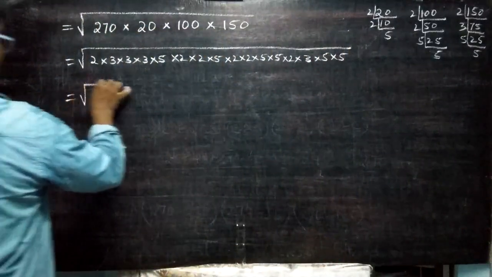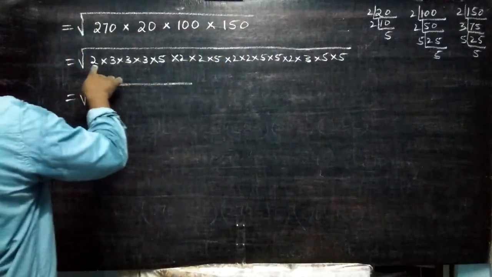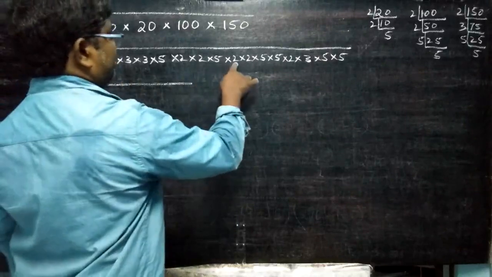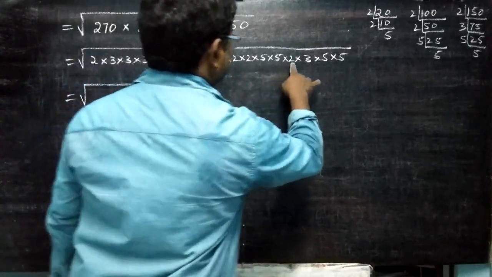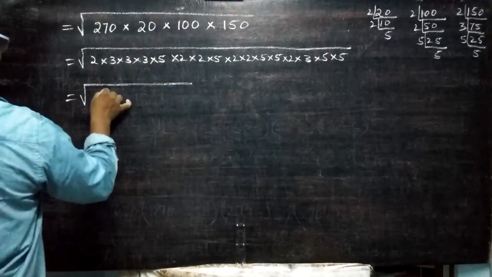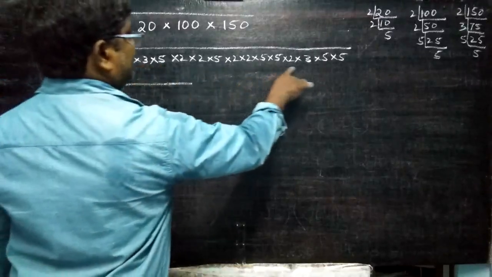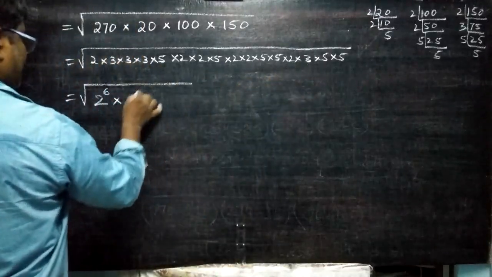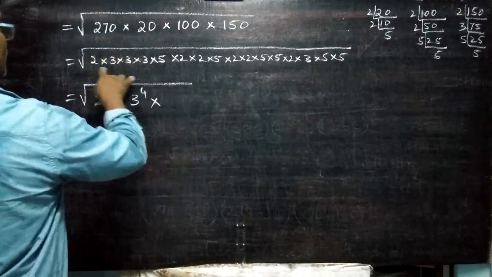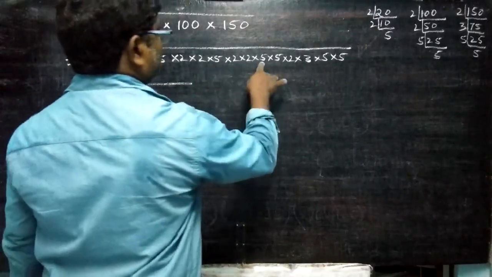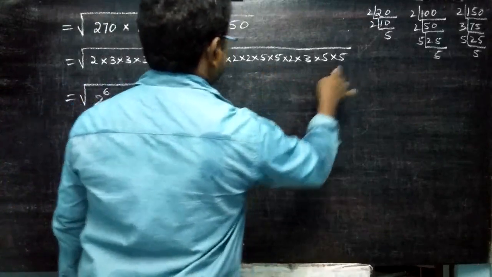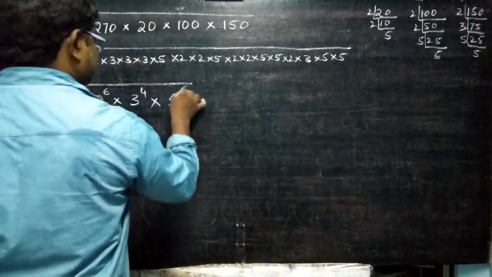That is equal to the square root of, how many 2s are there? Count: 1, 2, 3, 4, 5, 6. 2 to the power of 6, into 3 to the power of 4, into 5 to the power of 6.